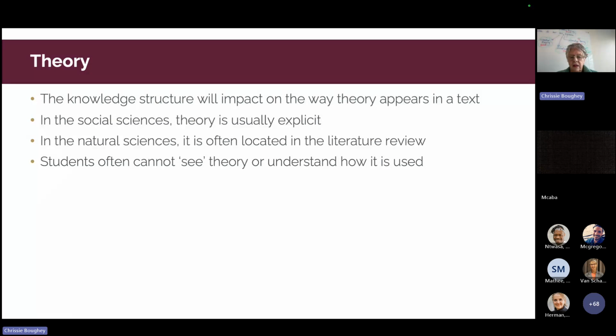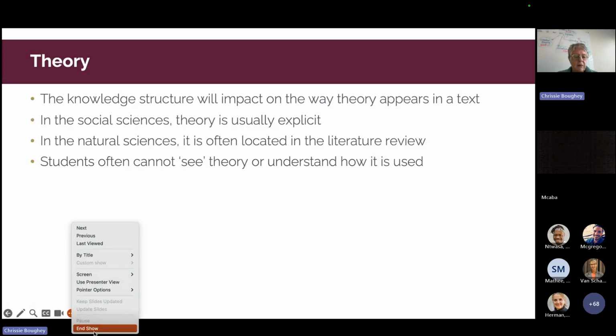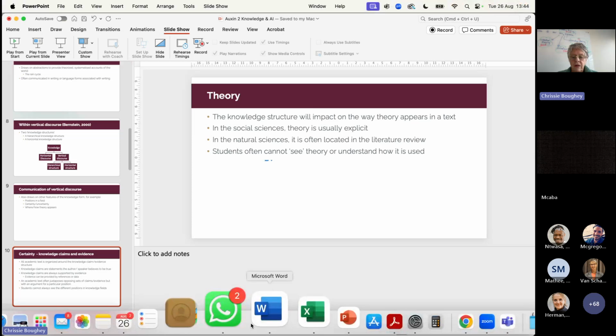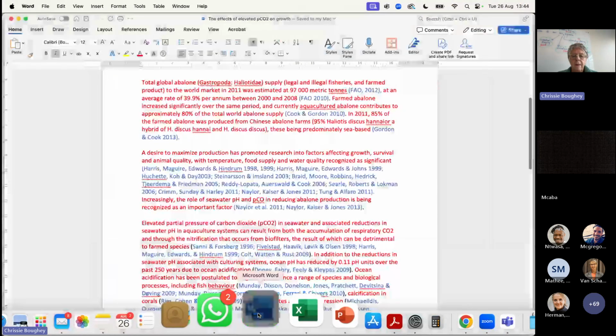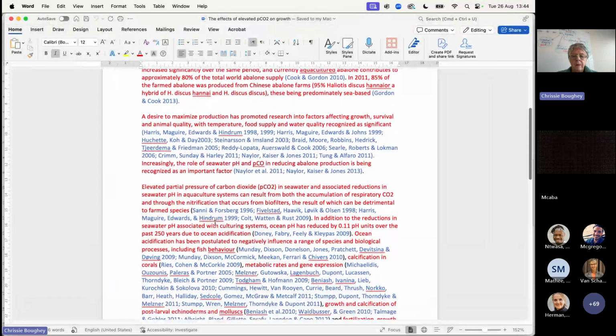In the natural sciences, and I've done research on this myself, the theory is often located in the literature review. And I'll show you where. Let me go back to that previous screen. There you go.